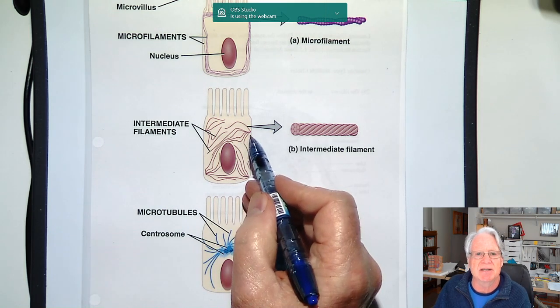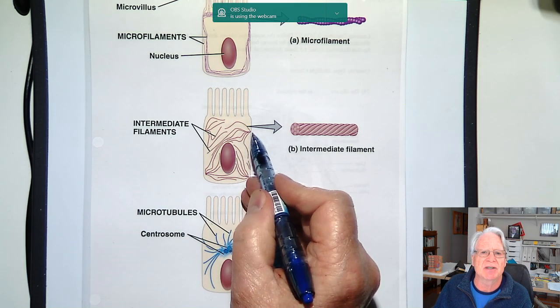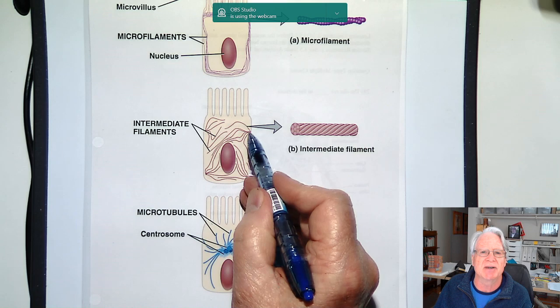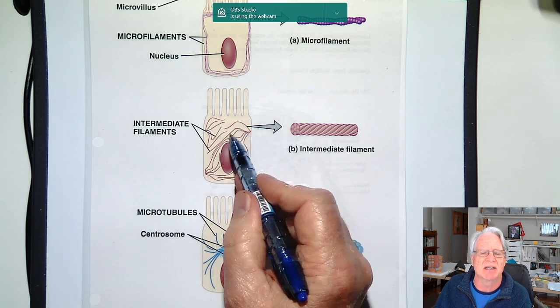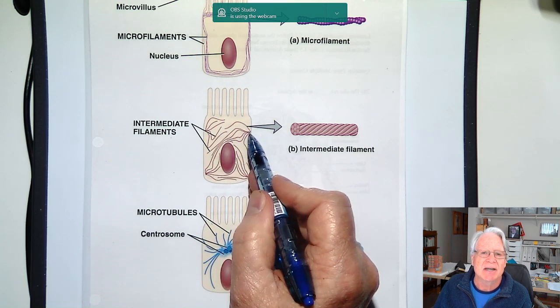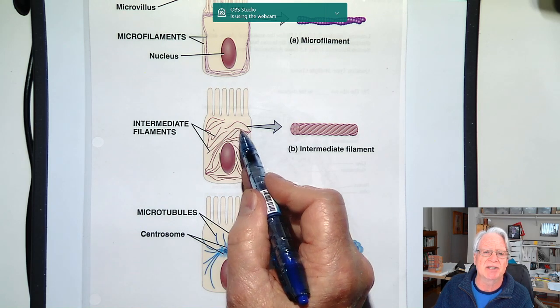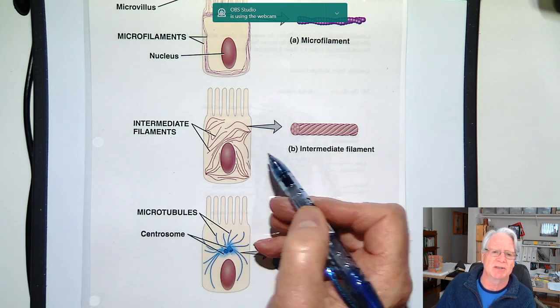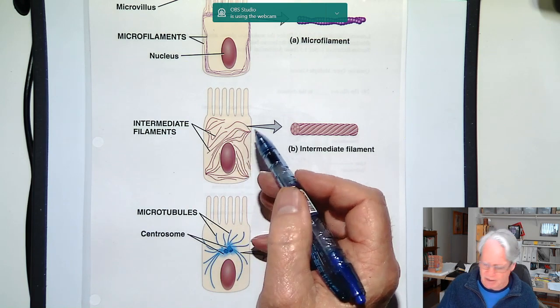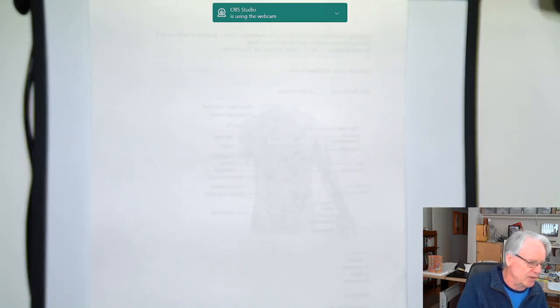Notice how they've drawn the intermediate filaments. They're coming from a point right here and extending out into the cell. That is a desmosome, a connection between one cell and another, and that's that network of bracing proteins that I talked about. So if you keep this in mind and then take a look at this.